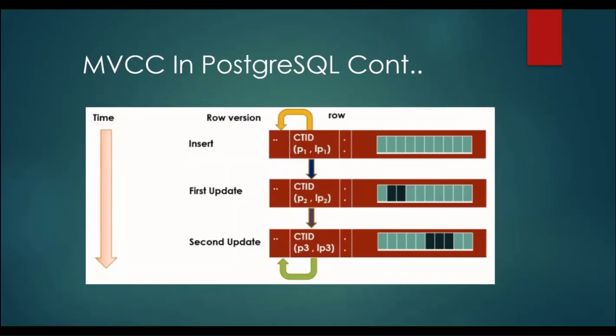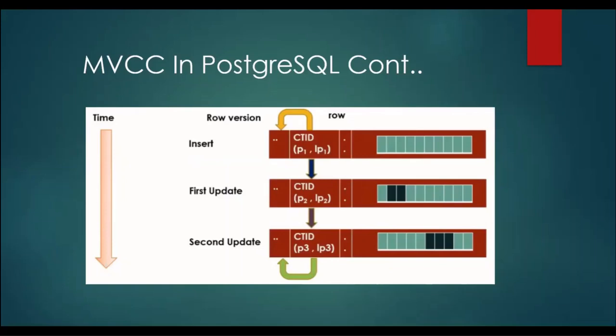So this is the row visibility, but the dead row is stored in the same table, not in different segments or any other tables. So the pre-image data, or undo, is saved in the same table.